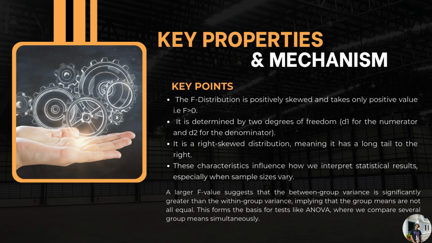These characteristics influence how we interpret statistical results, especially when sample sizes vary. A large F value suggests that the between groups variance is significantly greater than the within group variance, implying group means are not all equal. This forms the basis for tests like ANOVA, where we compare several group means simultaneously.